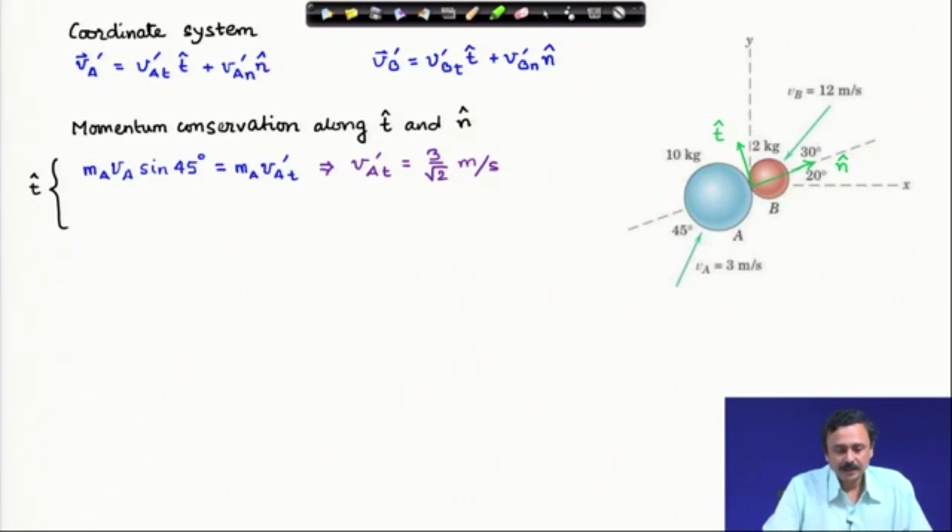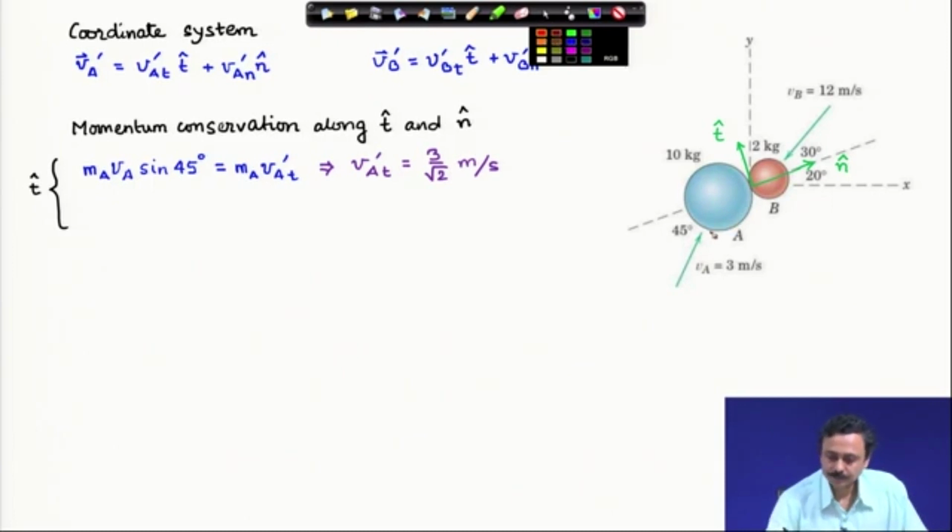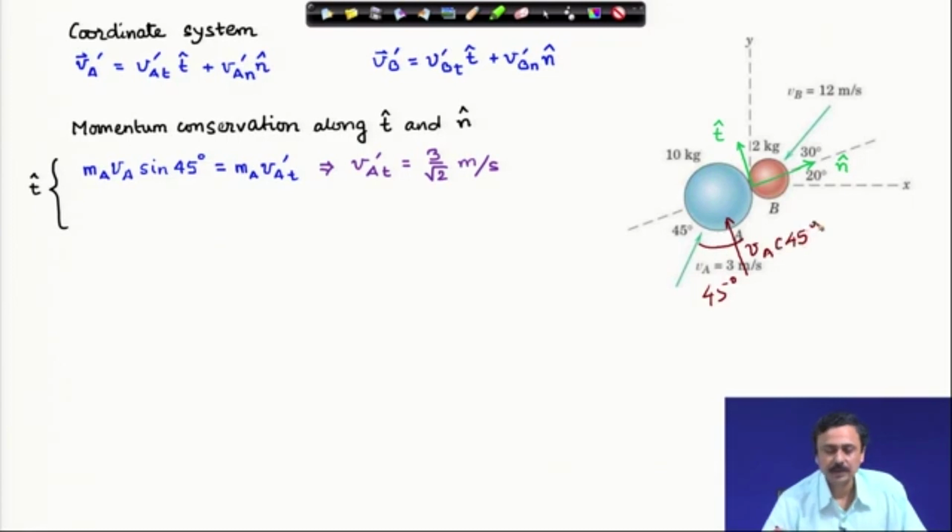Mass of particle A times the incoming velocity V A cos 45 gives the tangential component. You see, this is V A, and the tangential component is V A cos 45, where this is 45 degrees.